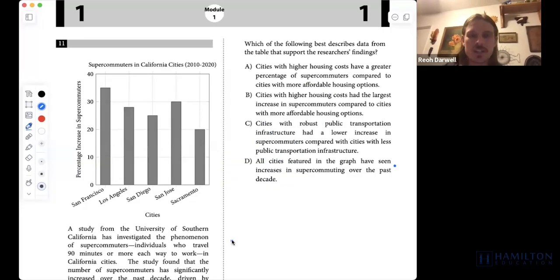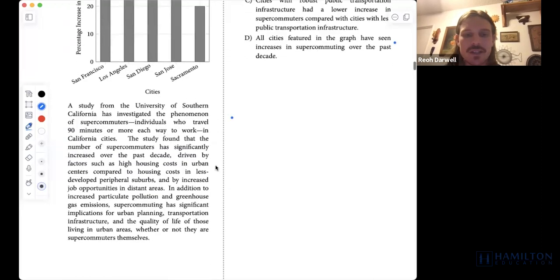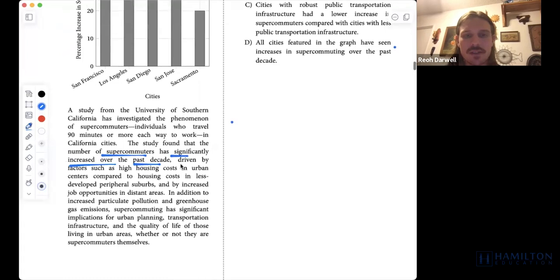Okay, so question 11 is another really straightforward command of evidence quantitative question. All right, so we want to support the researchers' findings. So what are their findings, right? Their findings are that the number of supercommuters has significantly increased over the past decade, right?